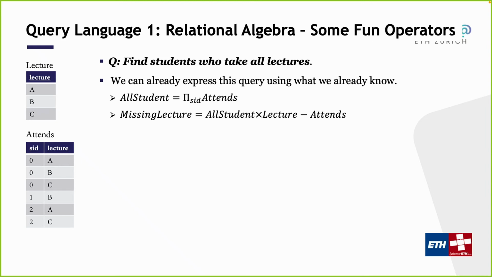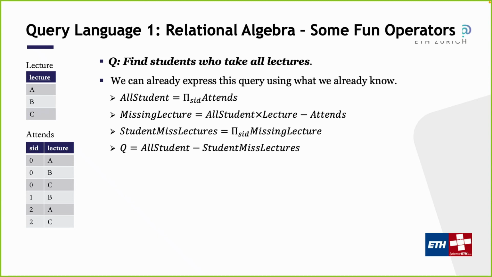This gives you which students are not taking which lecture. And then if I do a projection on the missing lecture, I get all the students who have some lecture that they do not take. Then compute the difference between all students and students who have a missing lecture, and you get the answer to this query.